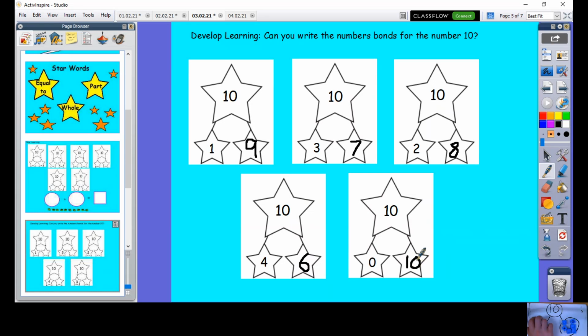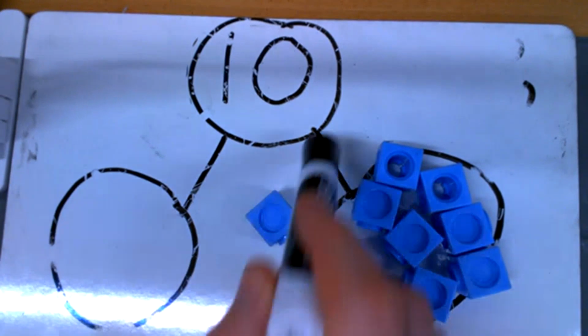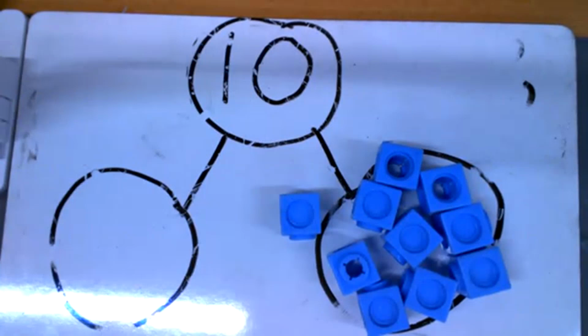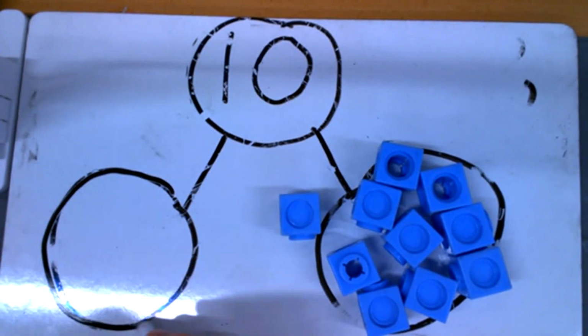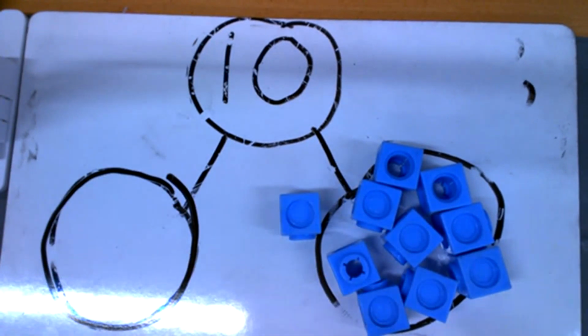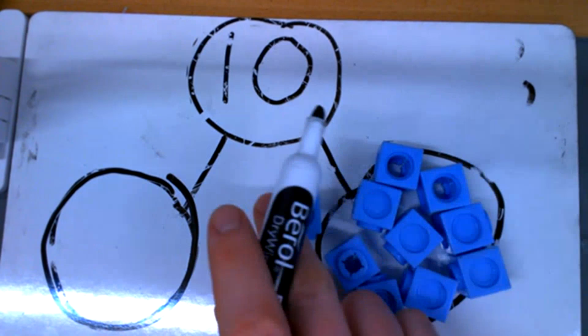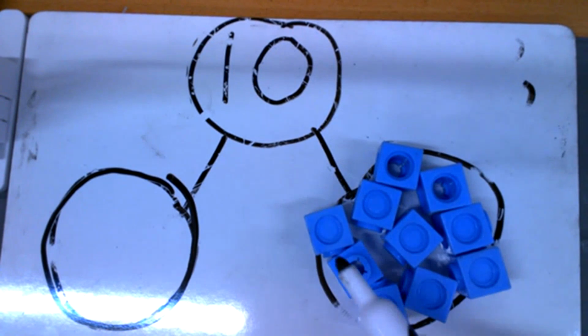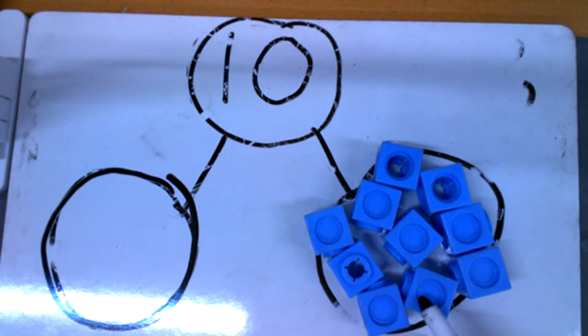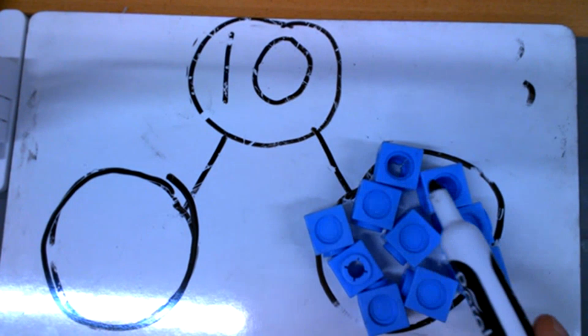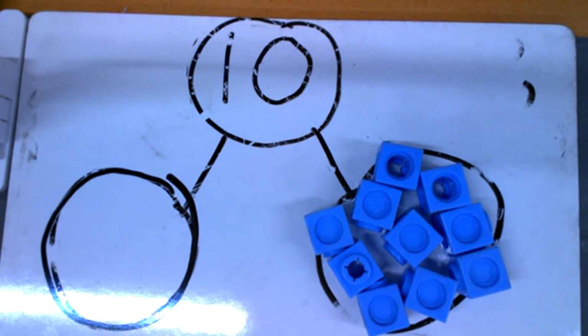And I can just show you that now on our visualizer very quickly. If I have got 10 as my whole number and none are in this part here, it means that they all have to go in this part to make our number 10. Let's check if they are. 1, 2, 3, 4, 5, 6, 7, 8, 9, 10.